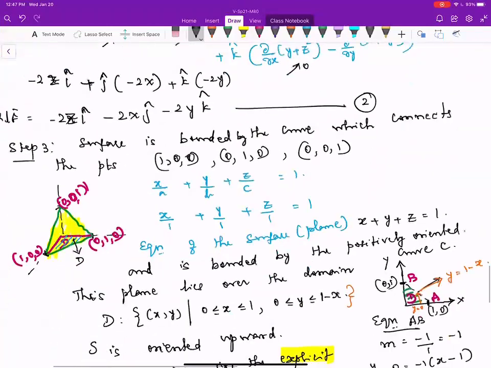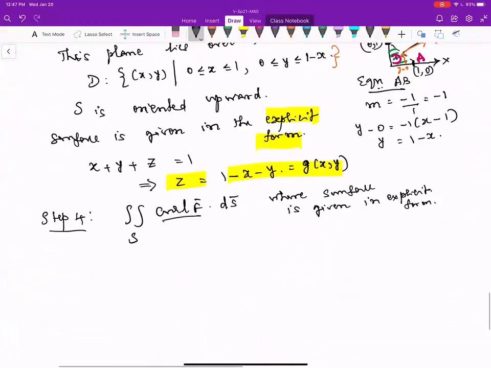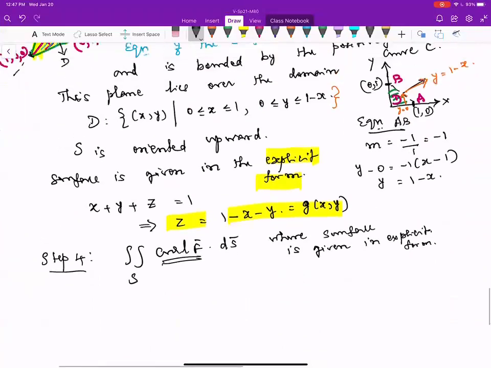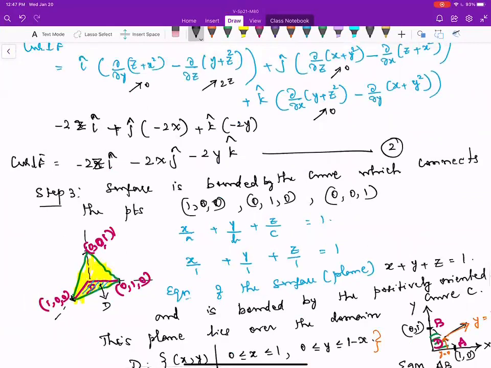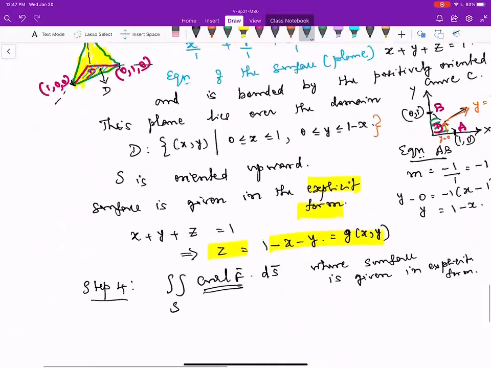Here, P, Q, R are the components of curl F. We already evaluated curl F in step 1. They have the components given by step 2, which is negative 2z, negative 2x, negative 2y. They are the components of curl F.